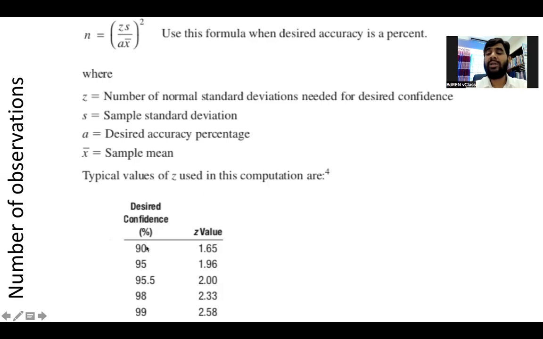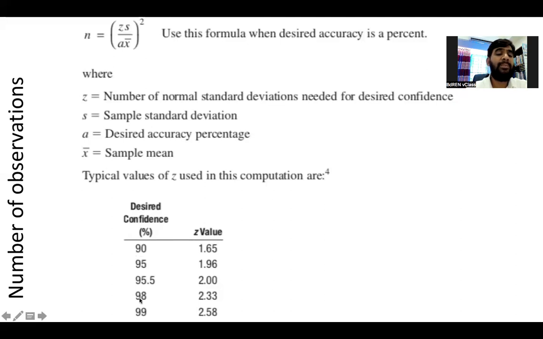So if you are 90% confident, the Z value will be 1.65. If your confidence level is 95%, Z value is 1.96. If your confidence level is 95.5%, Z value will be 2. So the value of Z depends on your confidence.